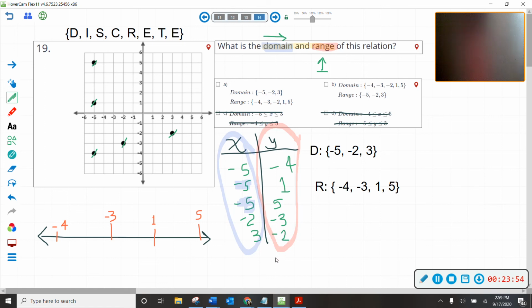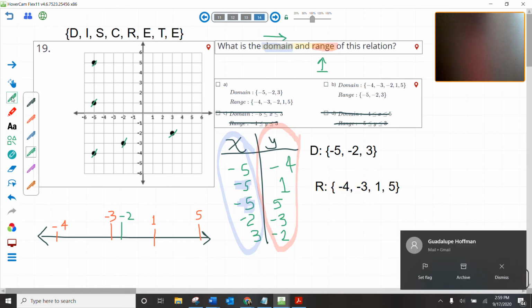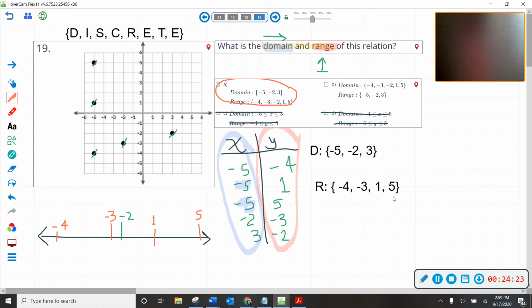So that means my -2 is right here. Let's fix that. There we go. My bad. I'm only human. So in that case, we definitely see the right answer, and it's A. Here we go, our domain and our range.